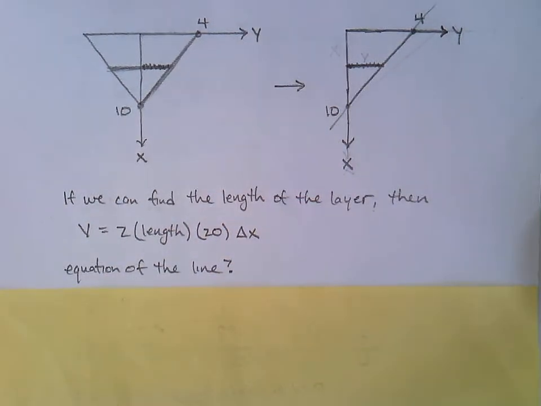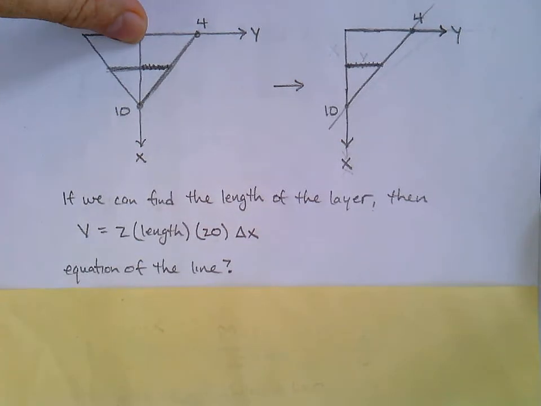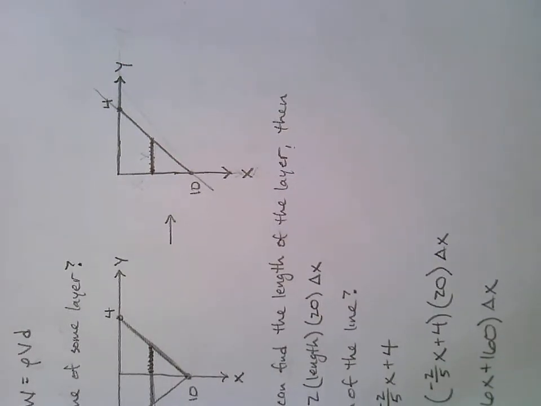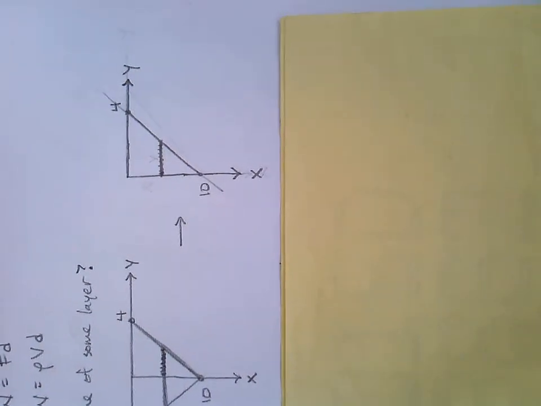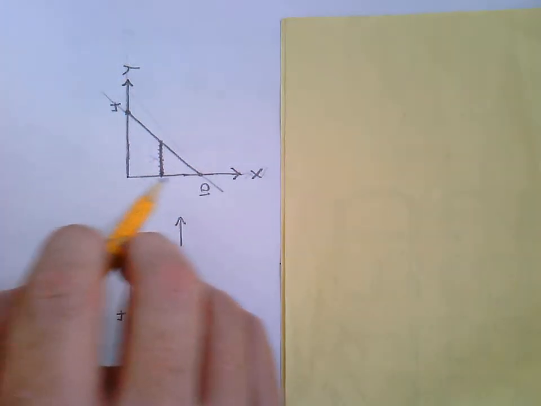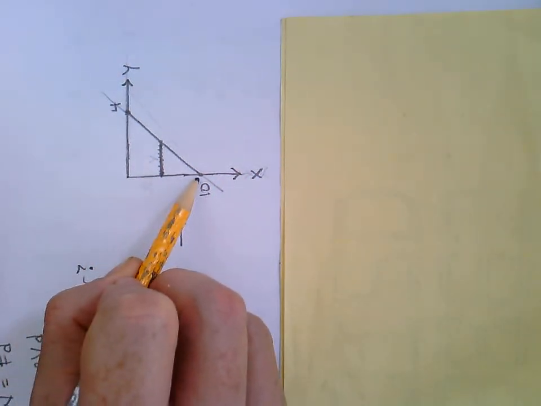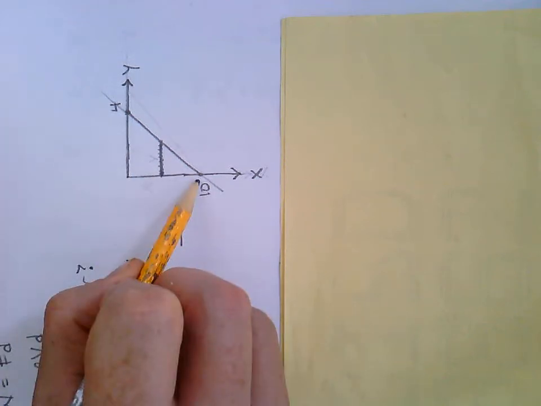Or, if you wanted to, and I've got my drawing here, I usually can't do this on a whiteboard, what we could do is take our drawing and put it in the more traditional style, right? So the y and the x. And yep, I see it there. It drops 4, it runs 10. Negative 4 over 10 is the slope.